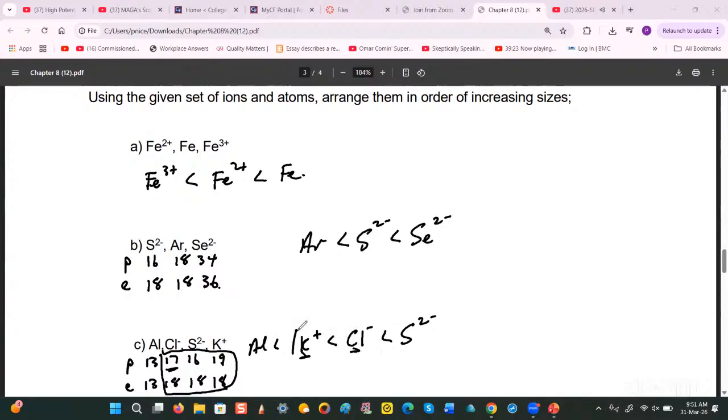So once I've established these three, I now need to figure out where aluminum comes in. Because aluminum is in period 3, I would expect that, hold on, wait a minute, did I misspeak?